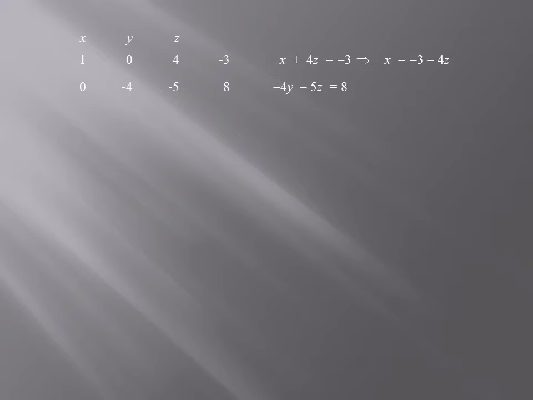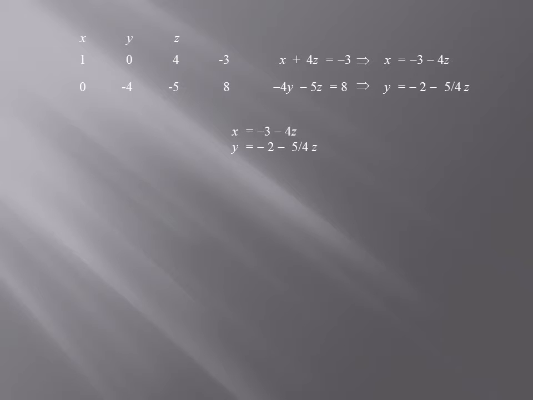Solve for the leading variable in the second equation, the y. When you solve for y in that second equation, you get y equals -2 minus 5/4 z. So the two equations that we're going to work with are x equals -3 minus 4z and y equals -2 minus 5/4 z.